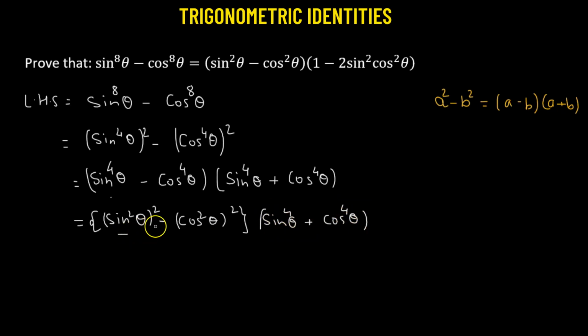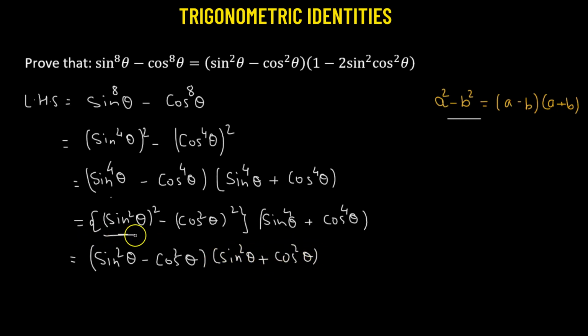Now for sine squared theta whole squared minus cosine squared theta whole squared, again we can apply this particular property. So this can now be expressed as sine squared theta minus cosine squared theta multiplied to sine squared theta plus cosine squared theta. Now this will get multiplied to sine theta raised to the power of 4 plus cosine theta raised to the power of 4.